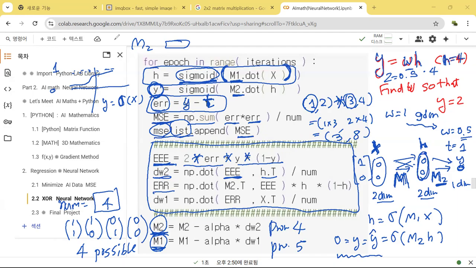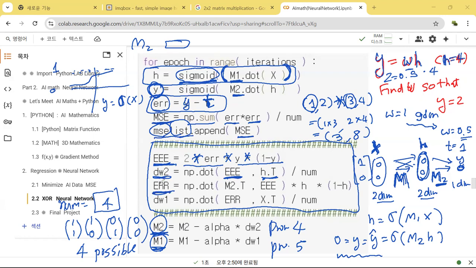So anyway, DW2 is E times H transpose divided by norm. I will explain this one in problem 4.